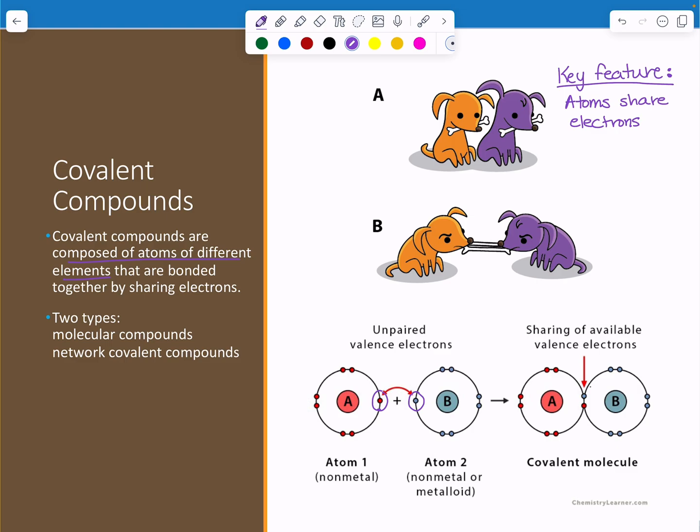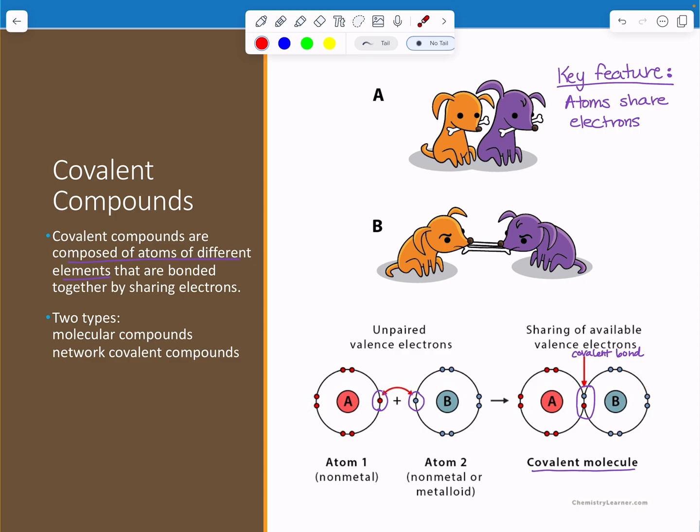And what happens is they will share those electrons, and that forms what we call a covalent bond. Okay, so this is a covalent bond. And we call that molecule where these atoms are now stuck together because they're sharing those valence electrons, a covalent molecule. And you'll notice that when they share the electrons, now atom A actually has 8 electrons around it, and atom B also has 8 electrons around it.